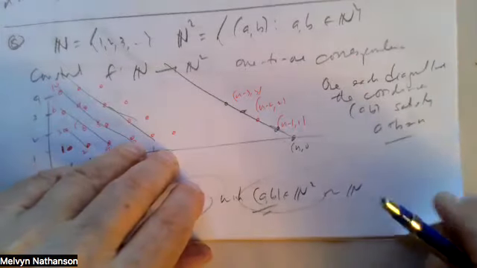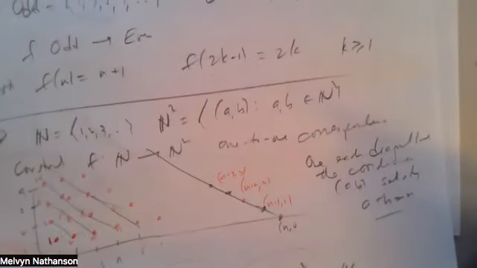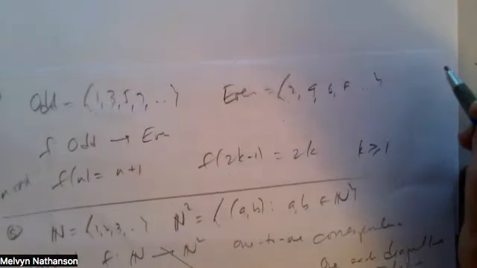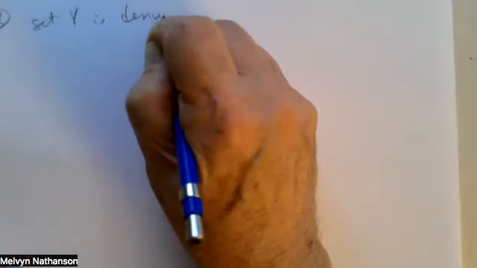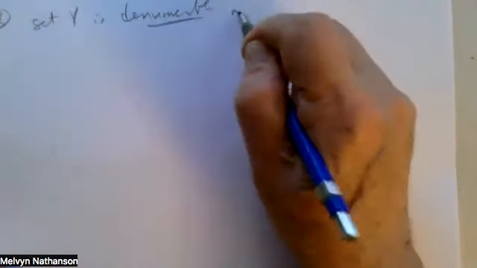Let's go to what are the most important parts of this homework, which are problems 5 and 7. So in problem 5, we say that the set X is denumerable or countably infinite if X is equivalent to the positive integers.